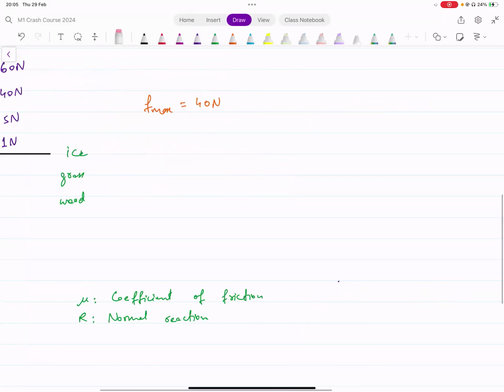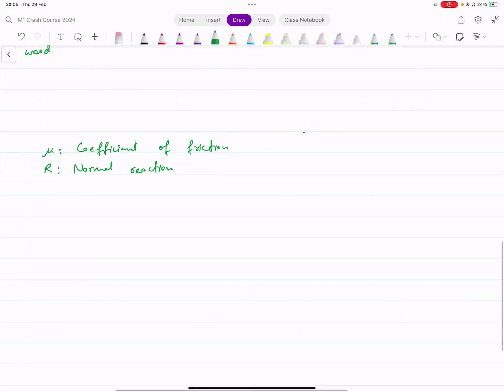So you can say this is a number that quantifies roughness between surfaces.